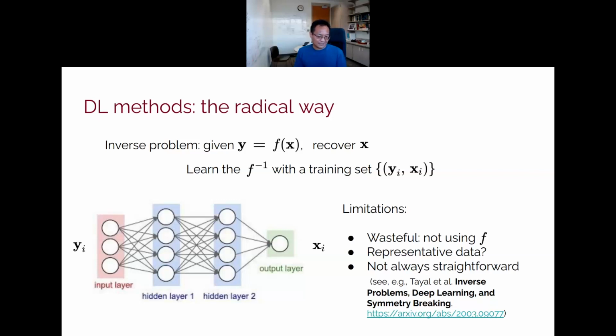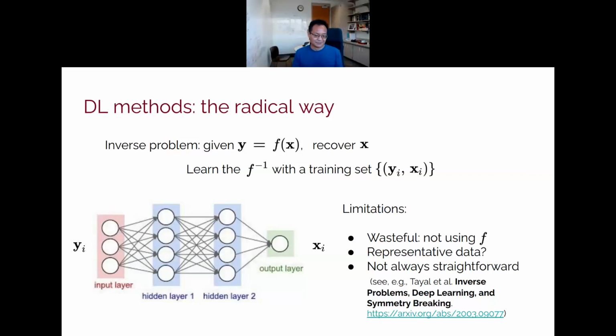But once your F becomes more complicated, for example nonlinear, this problem becomes harder and harder. Later I'm going to touch on some examples where it's very difficult or challenging to collect a sufficiently large data set for this kind of approach to be feasible.